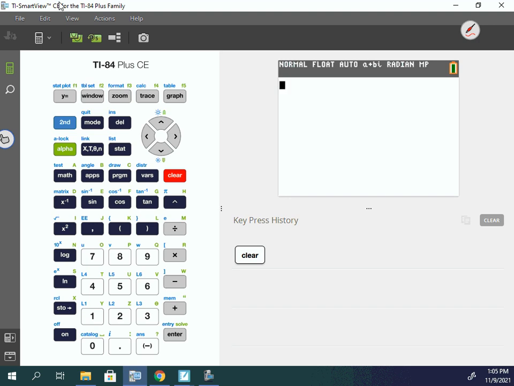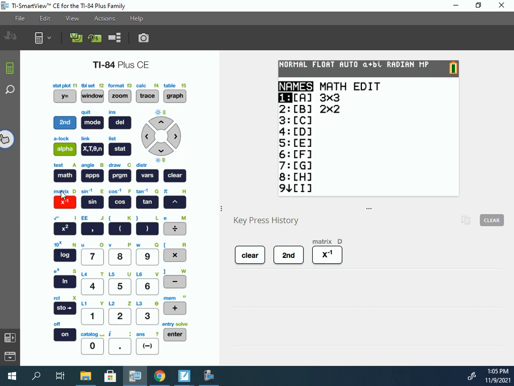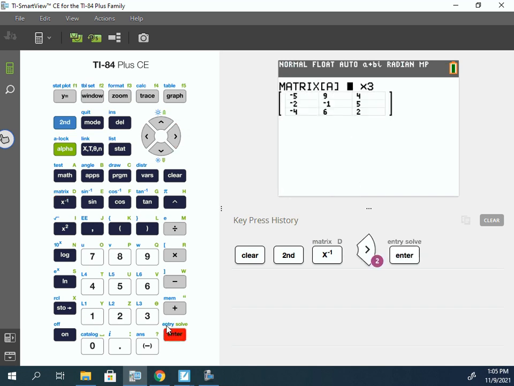So if we're going to type this into the graphing calculator, the first thing we're going to do is input the matrix. The way that we input the matrix is second, matrix, and we're going to go over to edit. So we want it to be a 3 by 3.